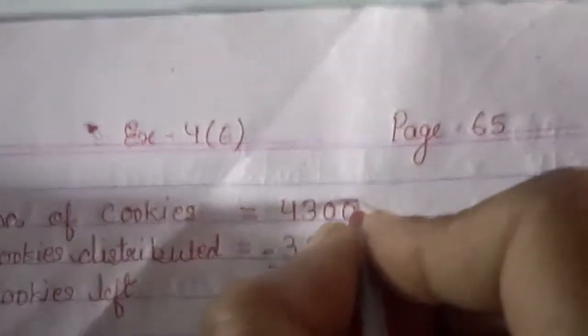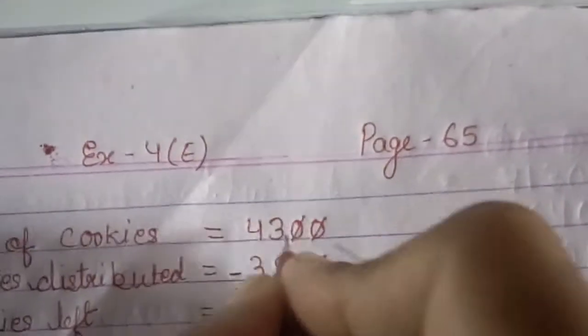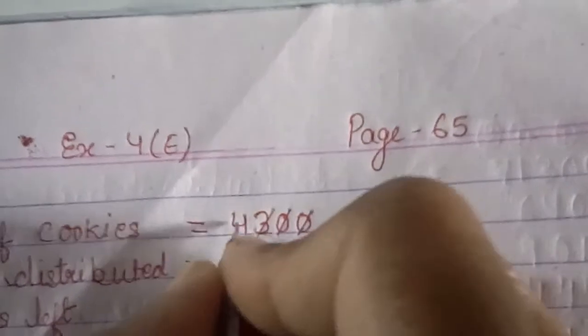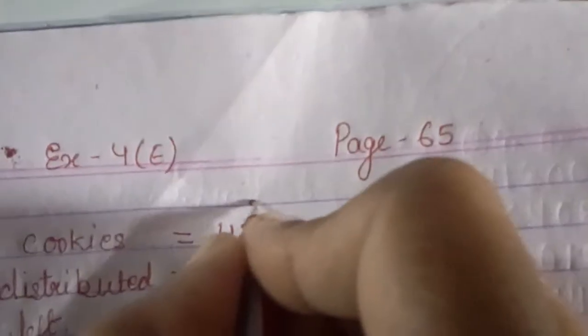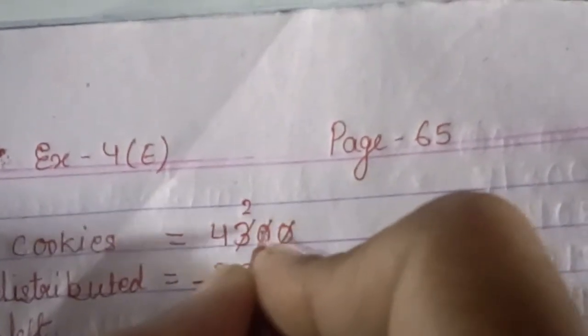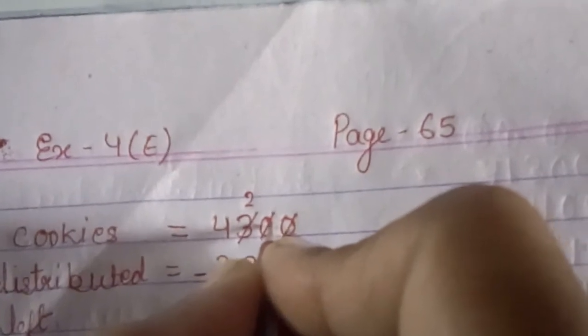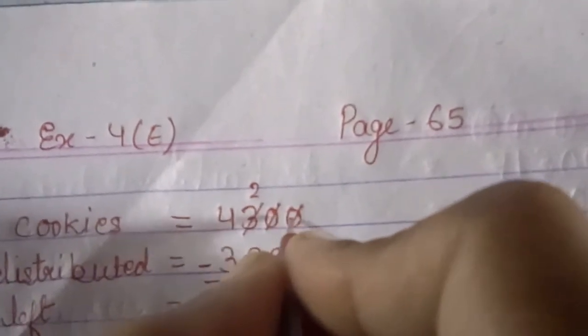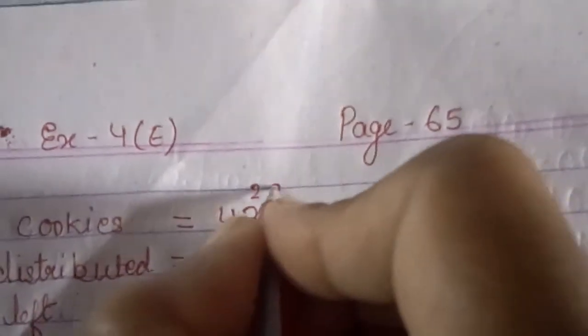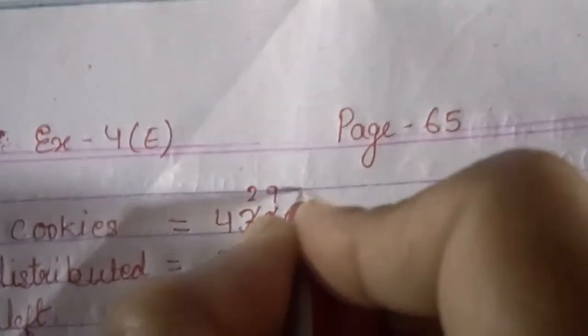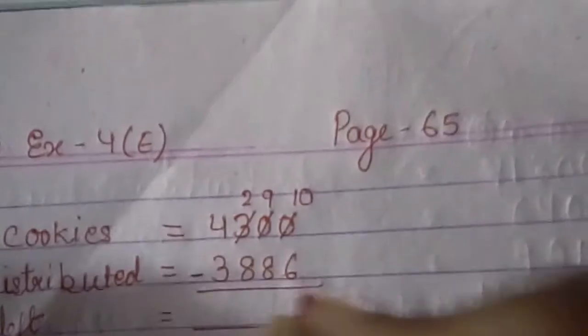Now since here is 0, so we have to borrow from the next number. So this will become 2. Here 0 was there, so it will become 10, but it will give 1 to the next number, so 9, and here will be 10. Now subtract.